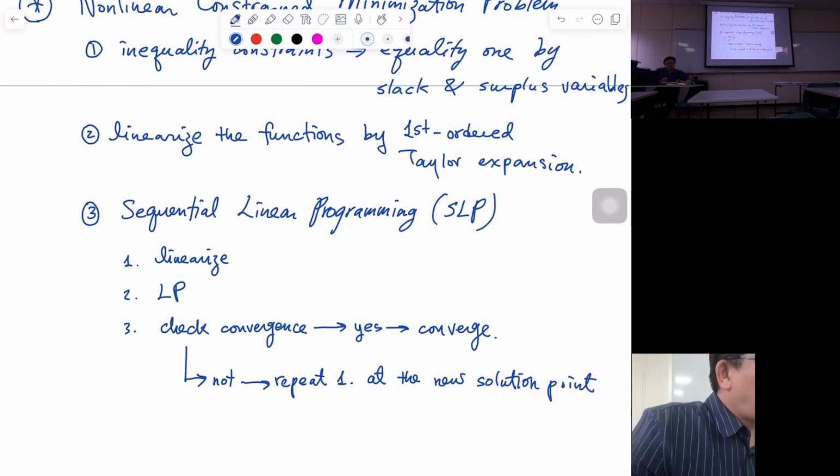So if you are interested in this part and you would like to study further, that could be maybe your project if you want. Okay? I had a student who did sequential quadratic programming in his thesis. He graduated years ago.